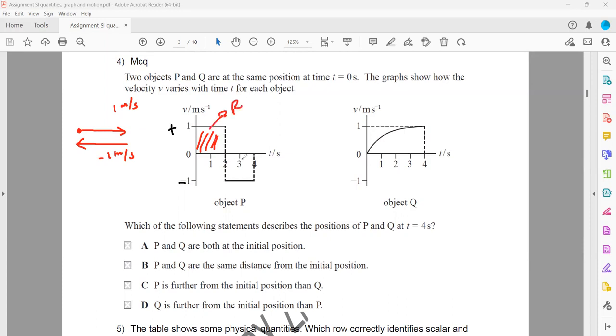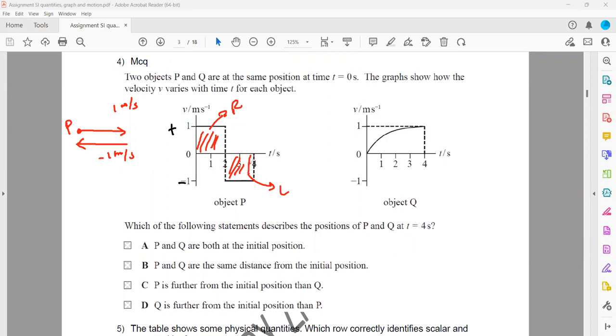If this is representing moving towards right and this represents moving towards left, both have the same areas, so it covered the same distance. First, maybe it moved 2 meters towards right, and then it returned back 2 meters toward left. So object P will be at the origin, the starting point.